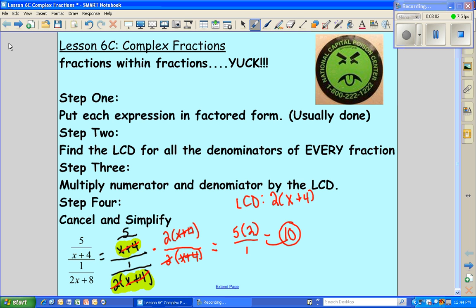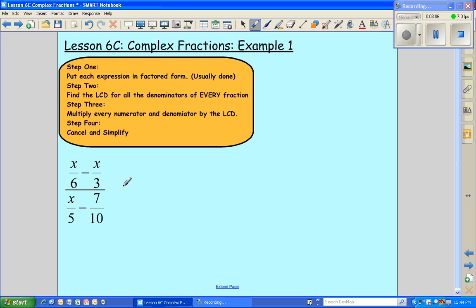All right, let's look at another example, because you know they're going to get a little more difficult than this. All right, so here everything is in factored form, but you got to come up with the LCD. So the LCD between 6, 3, 5, and 10 is 30. So we want to multiply this numerator by our LCD, and we want to multiply this denominator by our LCD.